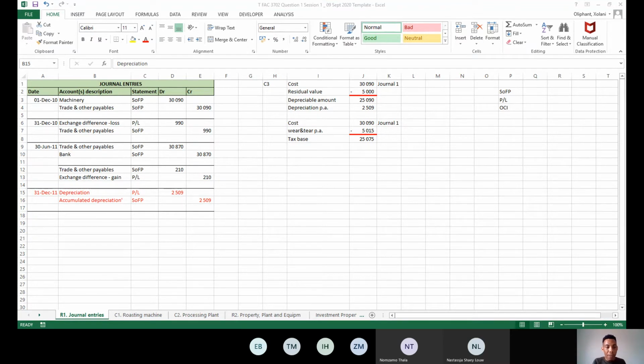So from the 1st of December 2010 up until the 31st of December, which is the prior year, that machine was not available for use. So there would not have been any depreciation journal entry that you are required to process. The only time that you will start depreciating is when the item is available for use as intended by management.